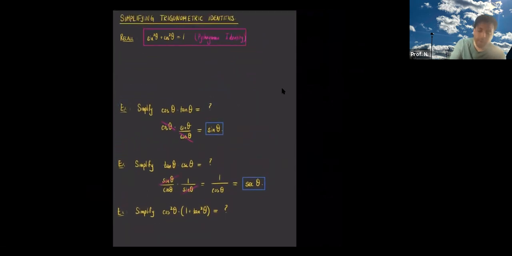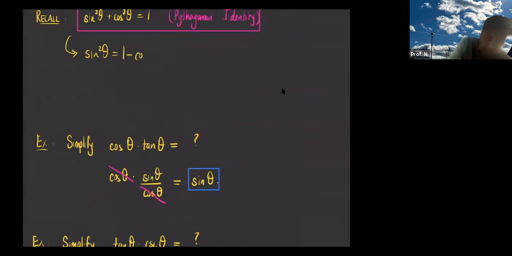From here, we can figure out a few other things. We can figure out that sine squared theta is equal to 1 minus cosine squared theta. We also know that cosine squared theta is equal to 1 minus sine squared theta.